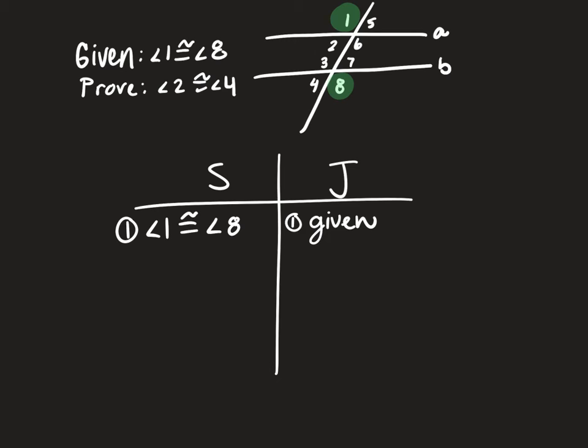Third time's a charm today. Since they are alternate exterior angles, and congruent, what can we say about the lines? Lines aren't congruent. The lines are parallel. Right, so now we can say that line A is parallel to line B.